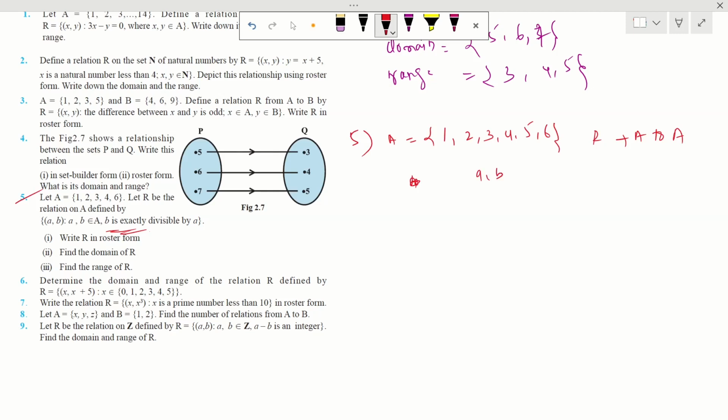A and B values both belong to A, meaning only one set we are having.